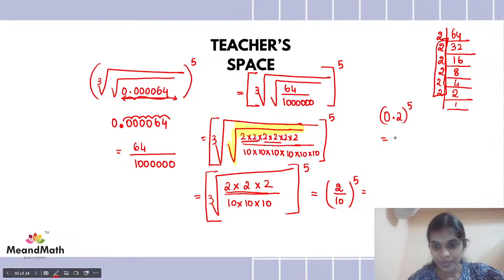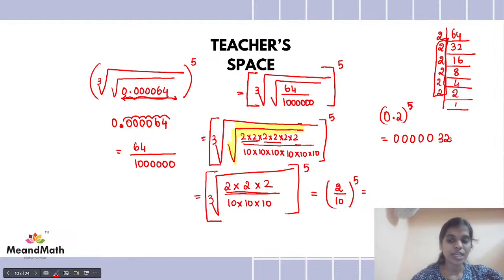So we can write 0, 0, 0, 0, 0. As I am multiplying, if I multiply 2 five times, that is 32. I multiplied 0 five times, so there are 5 zeros. Now place your decimal. 1, 2, 3, 4, 5. Answer is 0.00032.